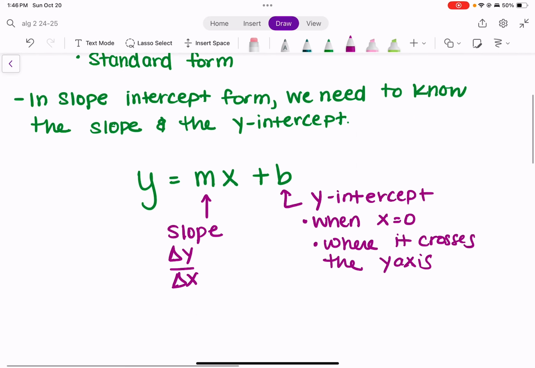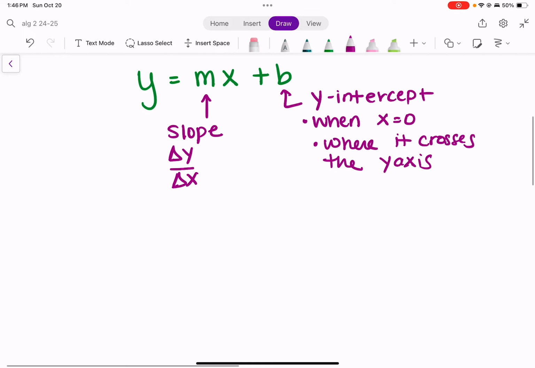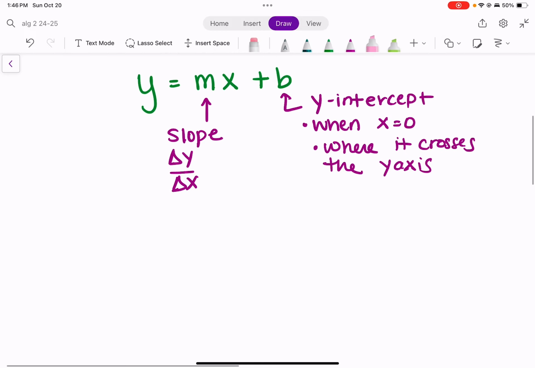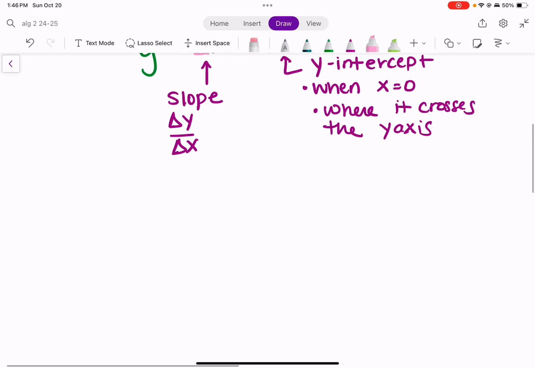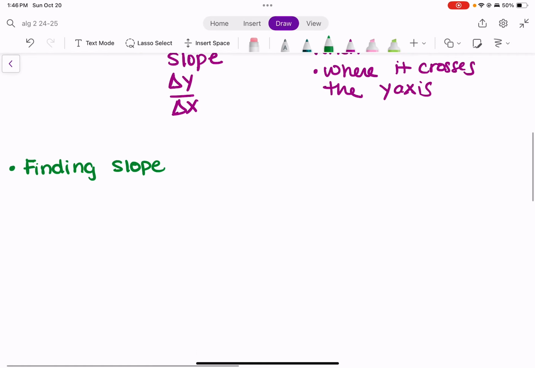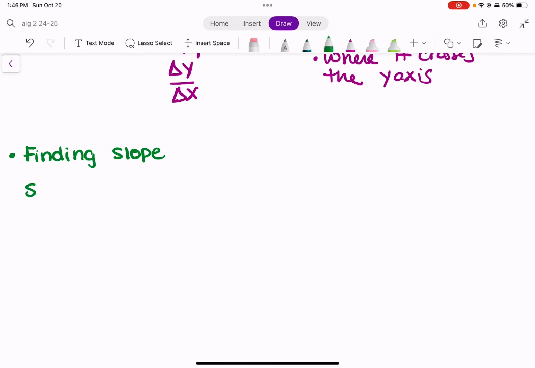Okay, so what we're going to first talk about is how do we actually find the slope, the m. Okay, so I'm going to write that here. So first thing that we're going to talk about is finding slope, right? And so there are lots of ways that you can find slope because there are many ways to represent slope. So slope can be represented as change in y over change in x.